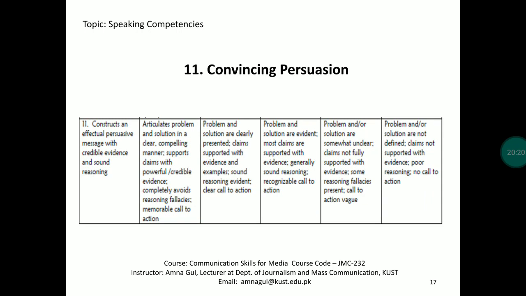The 11th competence, that is convincing persuasion, which means that the student constructs an effectual persuasive message with credible evidence and sound reasoning. Now, an advanced level speaker articulates problem and solution in a clear, compelling manner, supports claims with powerful and credible evidence, completely avoids reasoning fallacies, and his call to action is memorable.